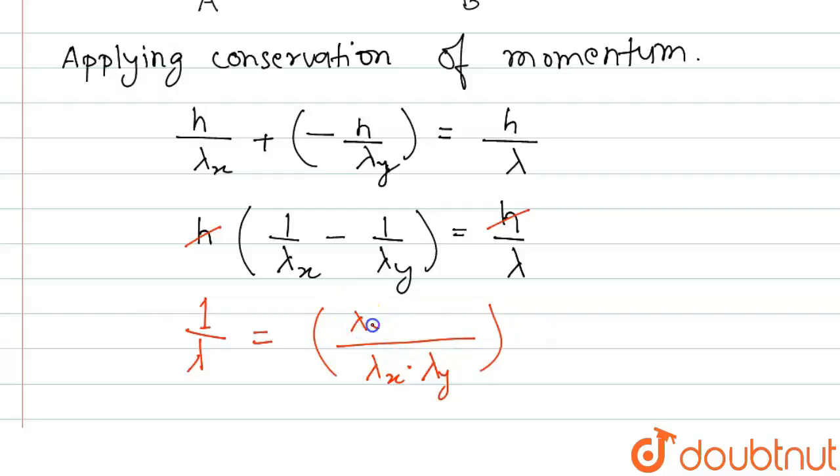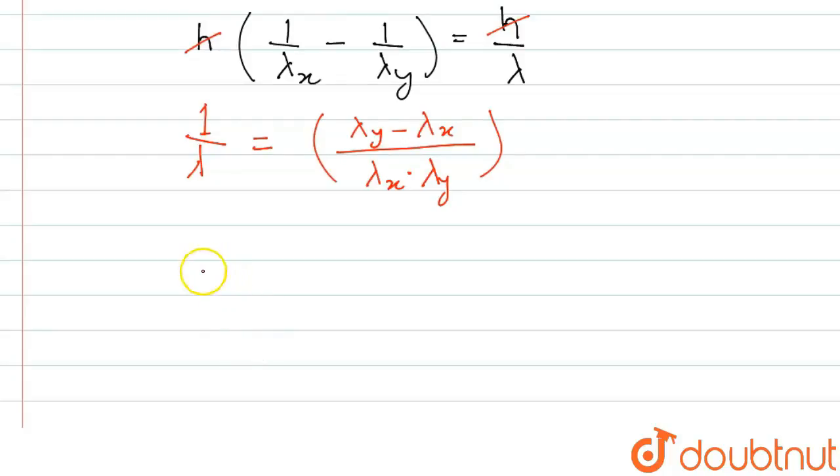So lambda is lambda x into lambda y divided by lambda y minus lambda x.